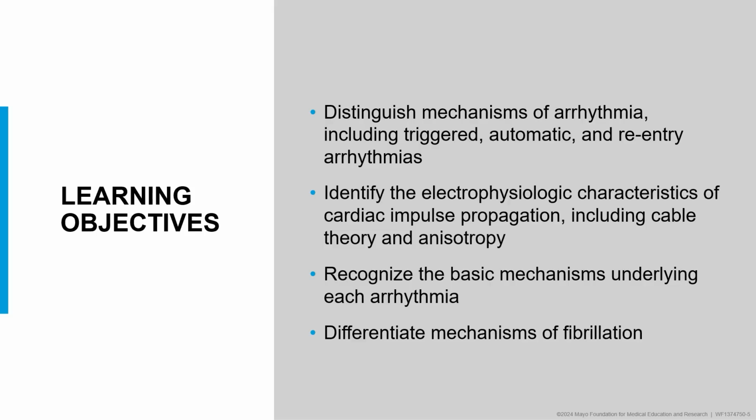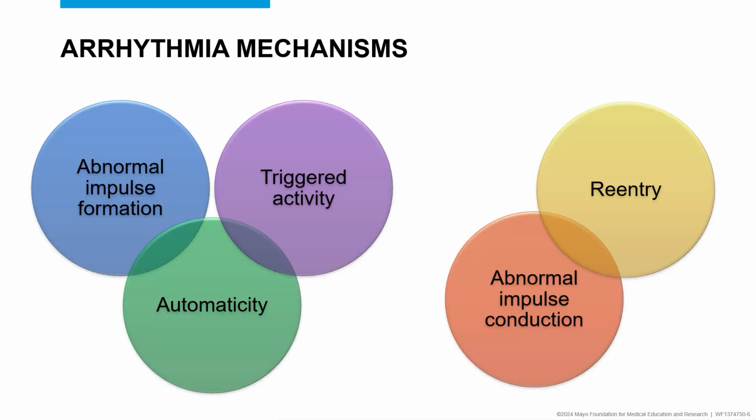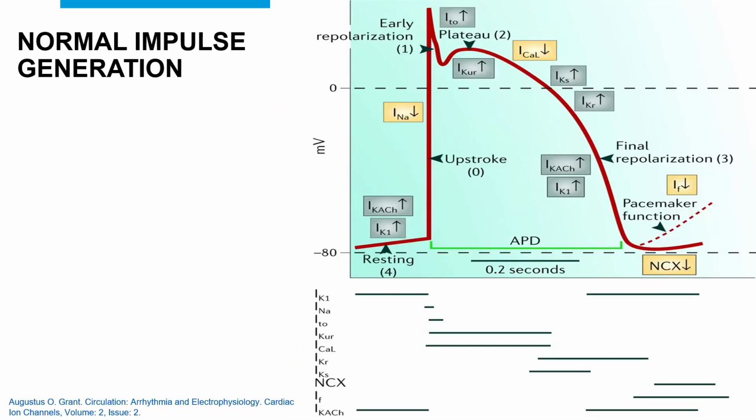Also looking at fibrillation, which obviously dominates a lot of our practice from an atrial and ventricular point of view. Starting on the left, abnormal impulse formation, triggered activity, automaticity. That would be some of the basic mechanisms we'll start off with. And then what happens, as I said, after that impulse is formed, and then what happens to that impulse in the heart under normal conditions and also diseased substrate.